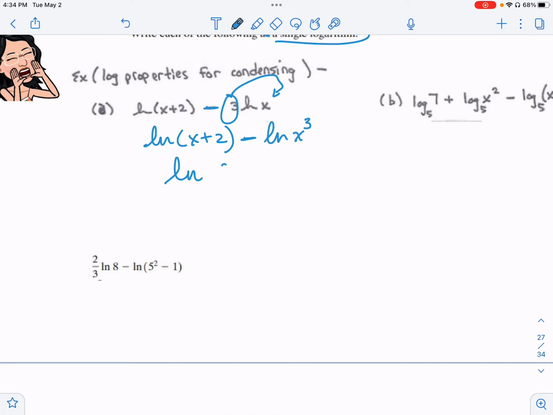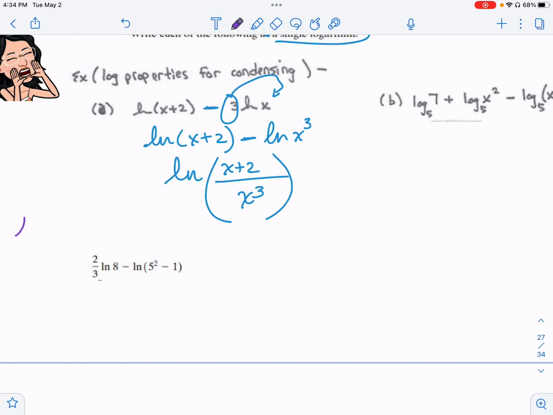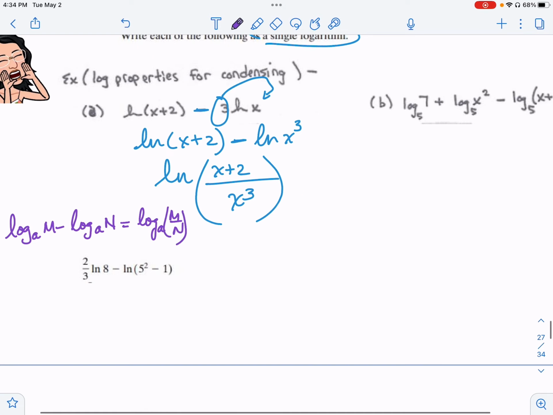We can apply these properties. So numerator over denominator using the quotient property. And what did the property say? It said log of any base a of m minus log of the same base of another expression can be compressed to log base a of m over n, and that's what I have used here.